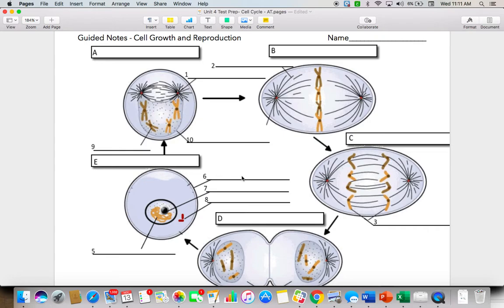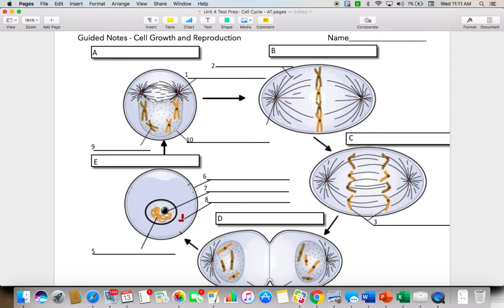Number 7 is the nucleolus. Remember, the nucleolus is where ribosomes are made. And number 8, those are centrioles. The centrioles will be divided during interphase. And remember, the centrioles are only found in animal cells.